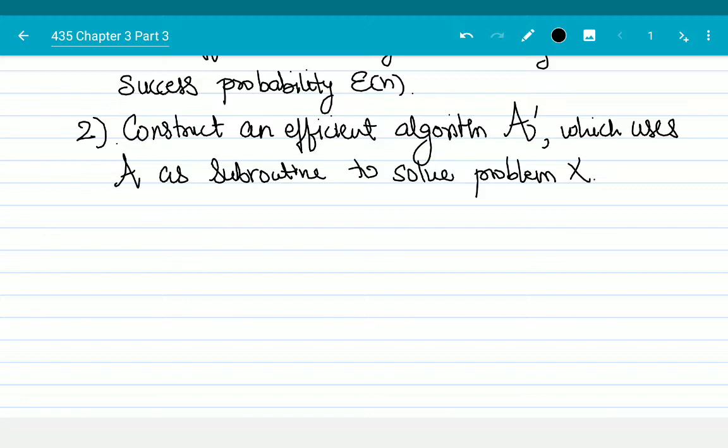How is it going to solve it? It has no idea how A works. A is going to attack pi, and this is how it's going to work: A interacts only with pi.